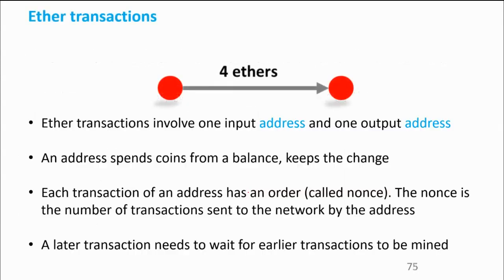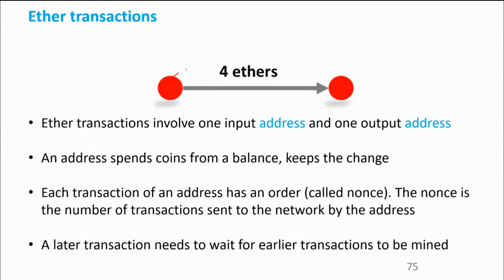But let's look at the first type of transaction. These Ethereum graphs are very similar to social network graphs, in the sense that there is just one address sending money to another address, so you can use just 2 nodes and an edge between them to denote the transaction. An address spends coins from a balance and keeps the change. Each transaction of an address has an order.